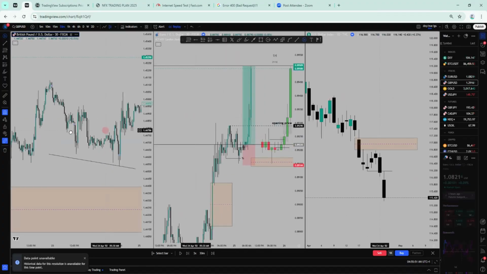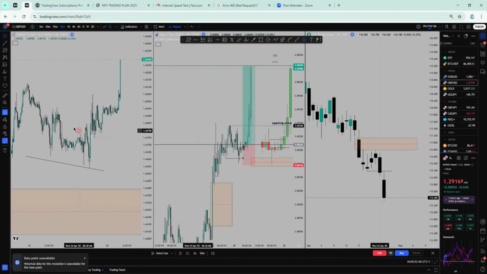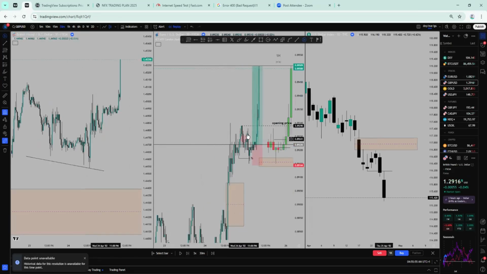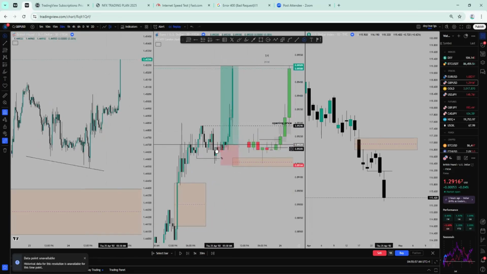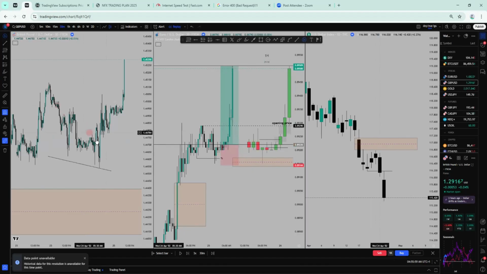Okay, so this is GU. We can see that all this consolidation that was happening on Euro USD here, GU was actually dropping, right? GU was dropping, and it created us with this.